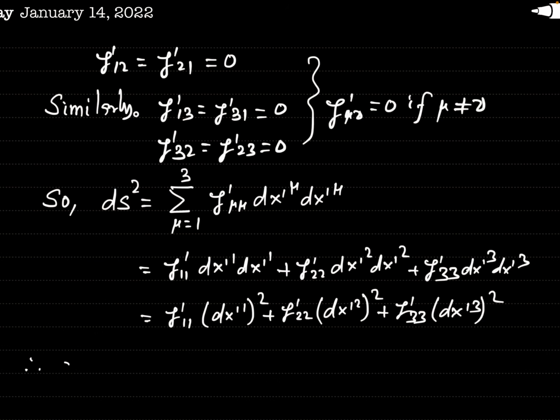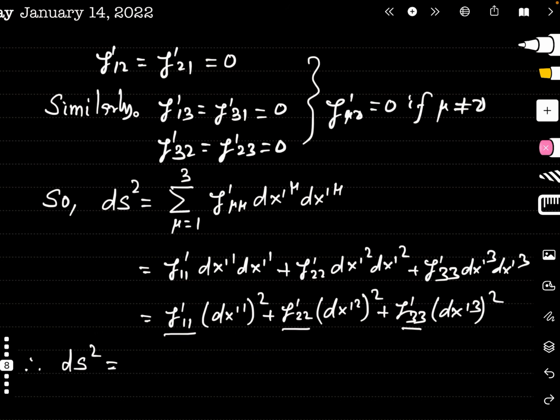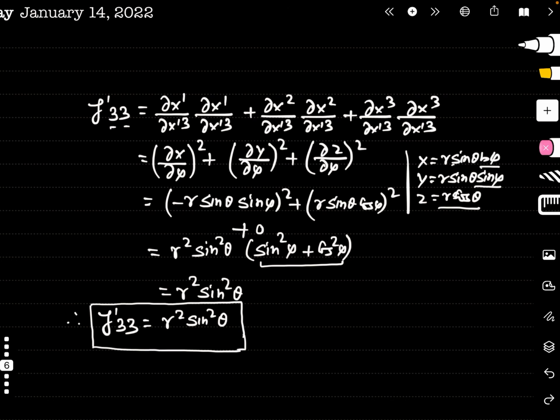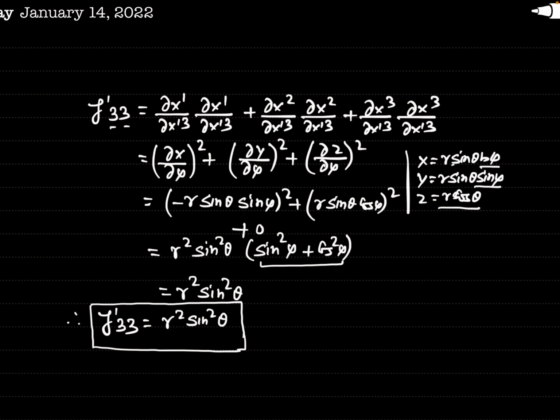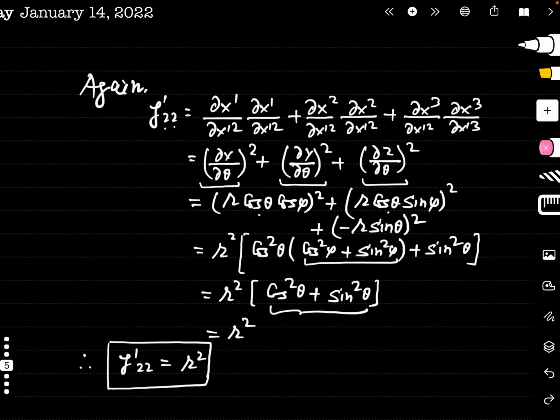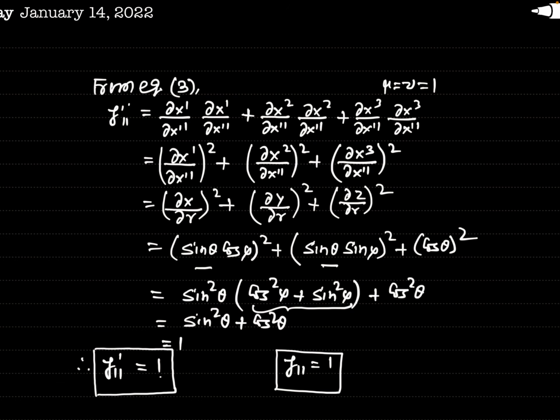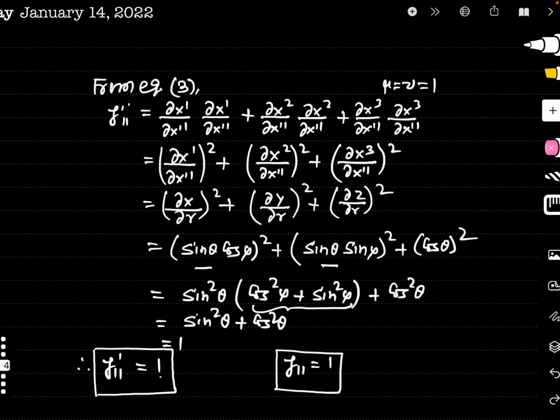But in a spherical polar coordinate system, you have just calculated the values of the components of this metric tensor, that is g prime 1 1, g prime 2 2 and g prime 3 3. You can see all these values here. This is your g prime 3 3, which is r square sine square theta. This is your g prime 2 2, which is r square, and this is your g prime 1 1, which is actually 1.